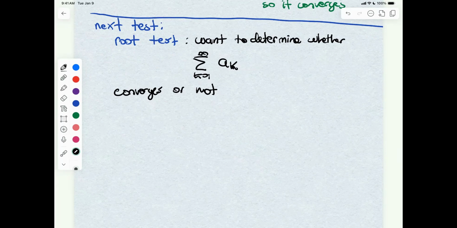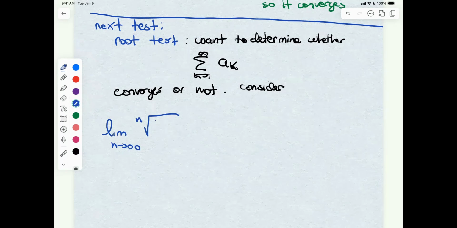But now in the root test, what you consider is the nth root of the nth term. So here you consider the limit as n goes to infinity of the nth root of the nth term in absolute value, because the terms could be positive or negative, so you want the root to always make sense.